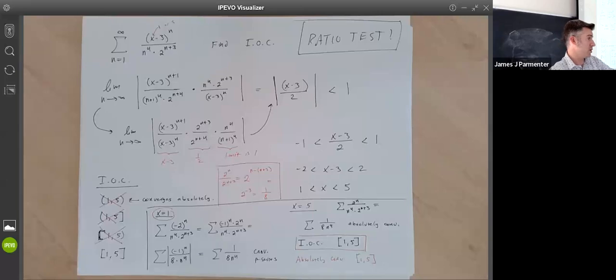So this one doesn't converge conditionally anywhere. The previous one. So here's what I should say. The power series will always converge absolutely on the interval that excludes the endpoints.